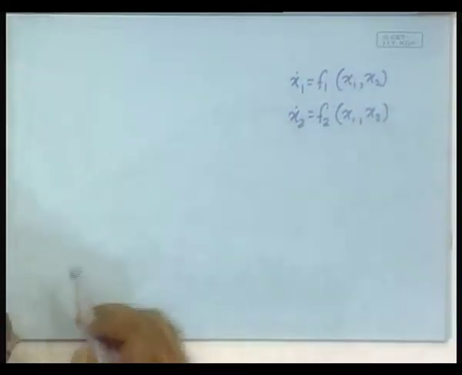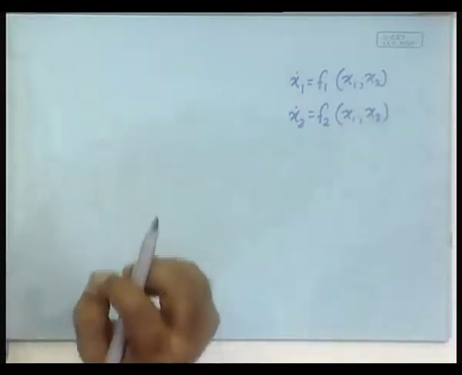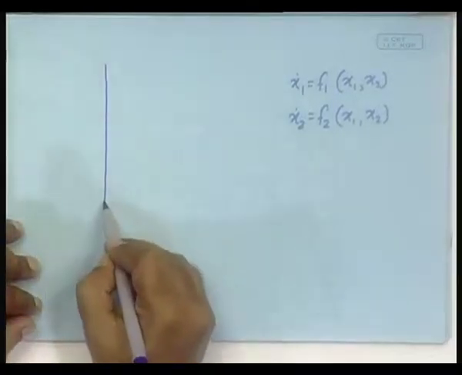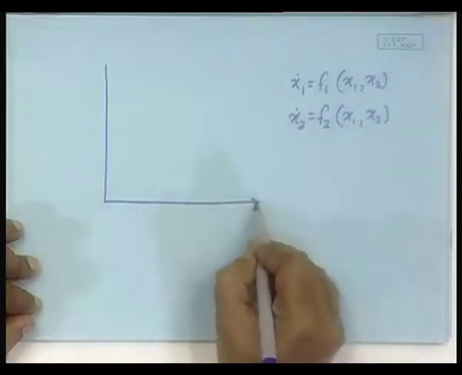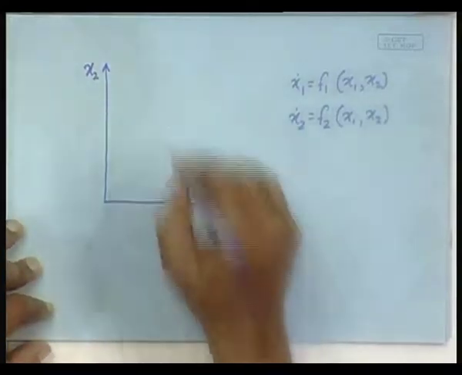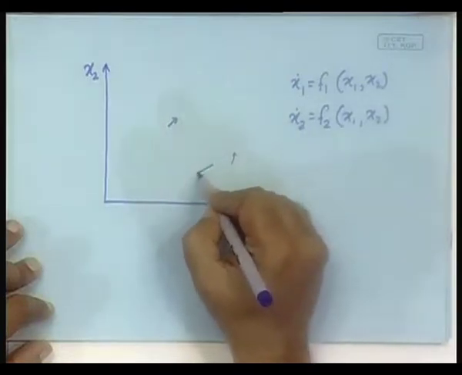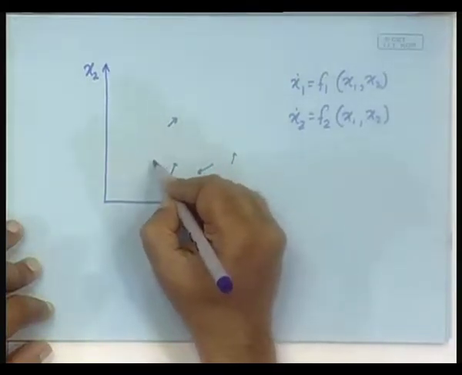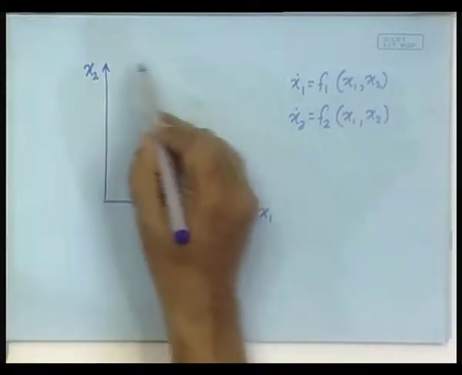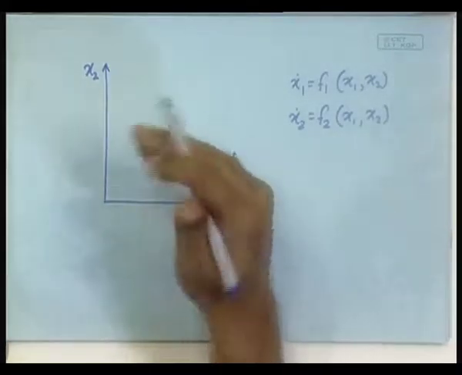We have already said that these equations immediately define a vector at every position of the state space, which means that if you have the state space drawn, where the state variables are the axes, then every point will have a vector, and so on. Every point in the space having a vector, this particular thing is also called the vector field.